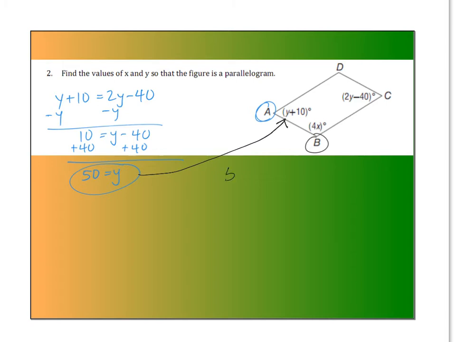So it's going to be 50 plus 10 plus the 4x equals 180. Corners A and B added together equal 180. You plug in your 50 for the y, so we have 60 plus 4x equals 180. Minus your 60, you have 4x equals 120. Divide by 4. x equals 30.